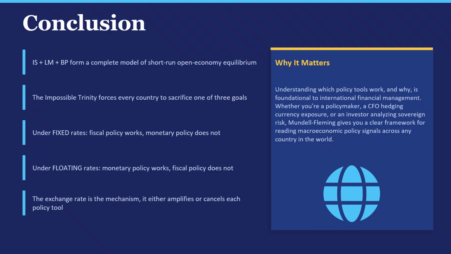And the policy results flow directly from that choice. If you fix your exchange rate, fiscal policy becomes your most powerful tool and monetary policy is neutralized. If your exchange rate is floating, monetary policy becomes dominant, and fiscal policy gets crowded out through the exchange rate. The exchange rate is always the mechanism. It either amplifies your policy or it cancels it out.